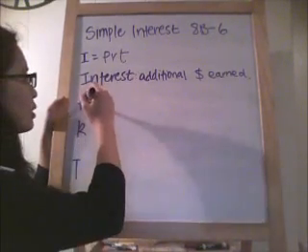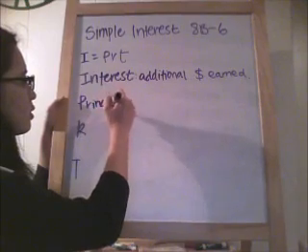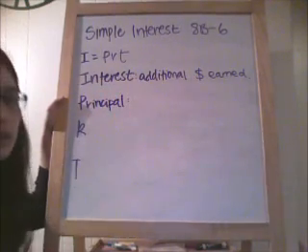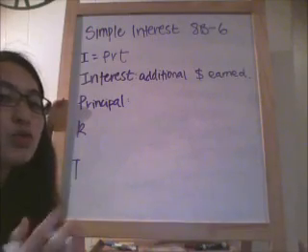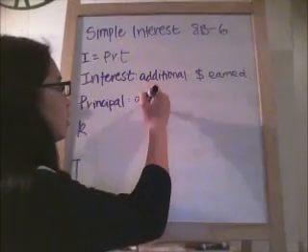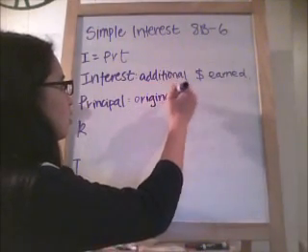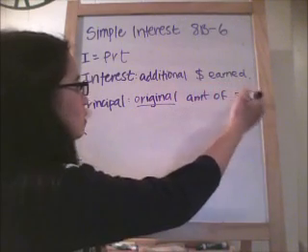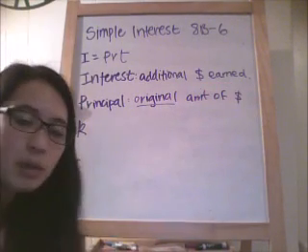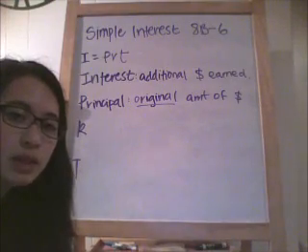P stands for principal. Now this isn't the principal like Miss Hujay. This is the original amount of money. So what you started with, how much you put into the bank to start with.